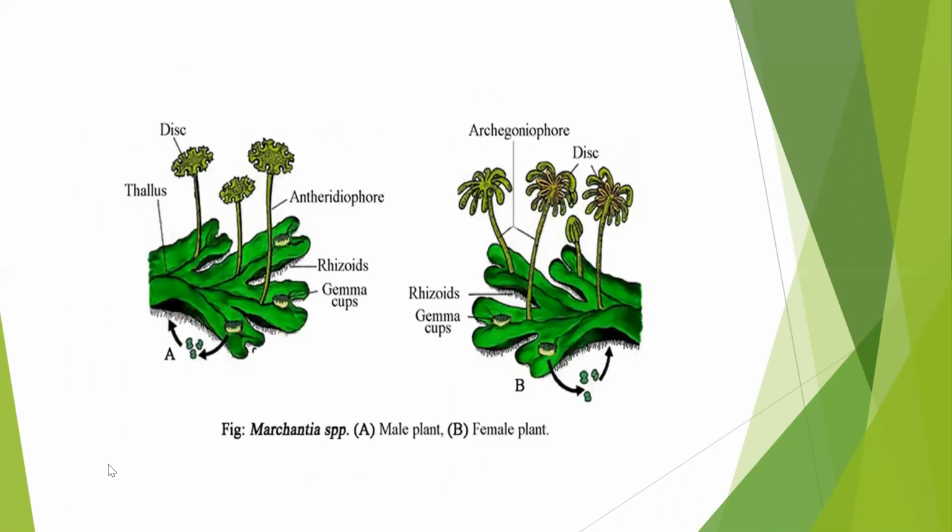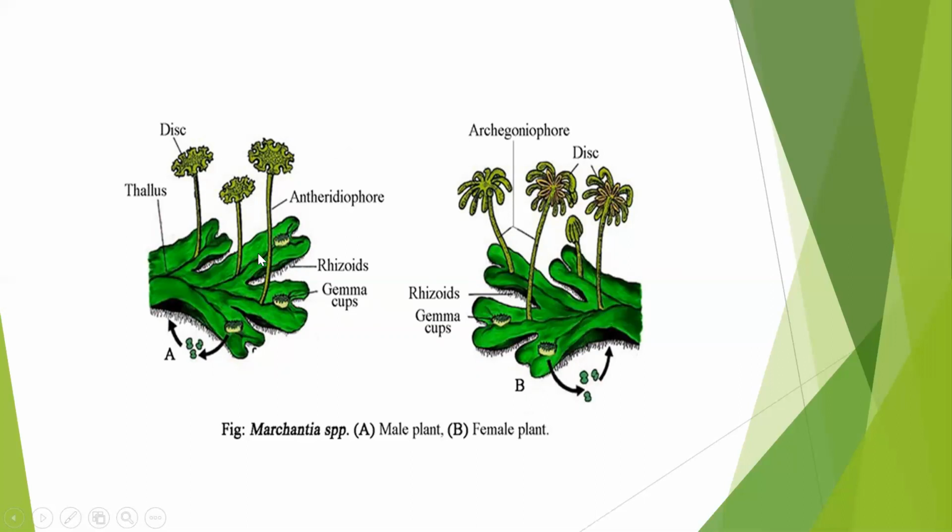See, again, this is Marchantia. You can see Marchantia. This is the male and this is the female. These are the gemma cups. You can see the gemmae being released from the gemma cup, and again it gives rise to the male thallus. Over here also it gives rise to the male thallus.